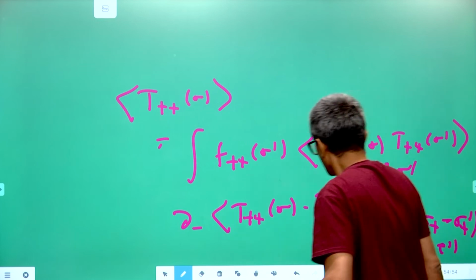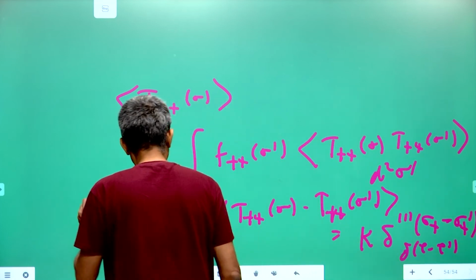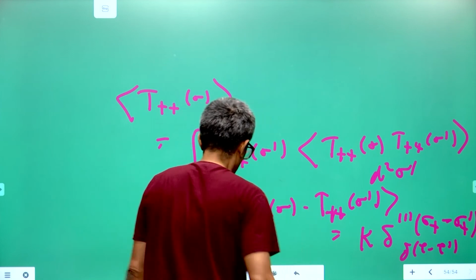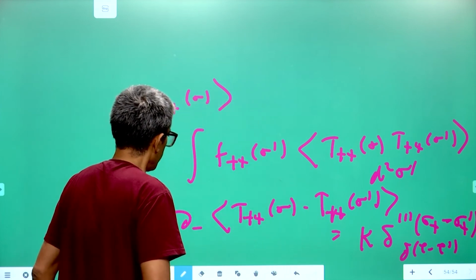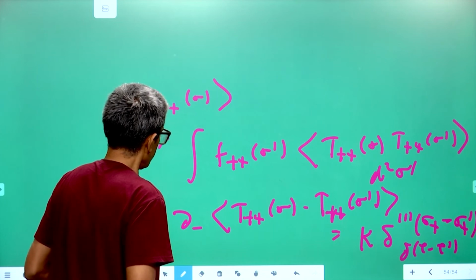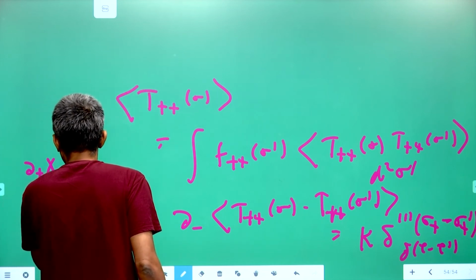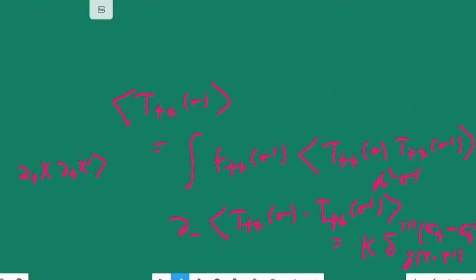That is because when you compute it using Wick's theorem, you get a product of pairs. So when you get a product of pairs, you get dou plus x, dou plus x dash, like this you get. So you get a product of such terms, and each term is nothing but dou plus.